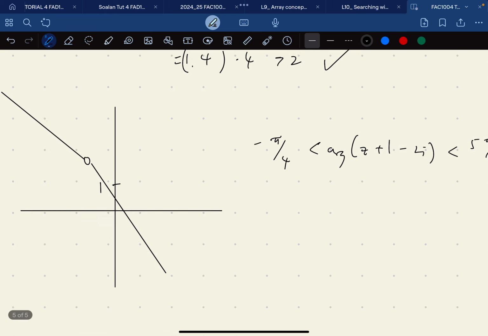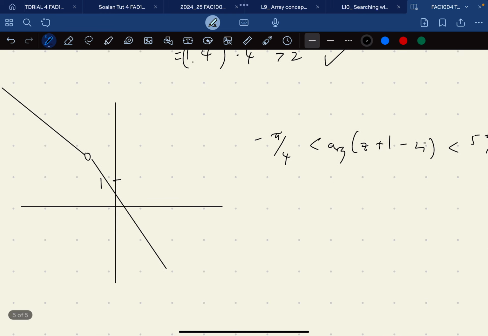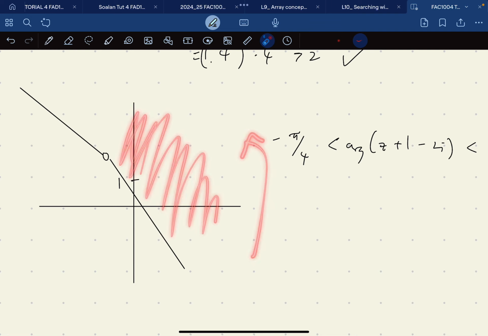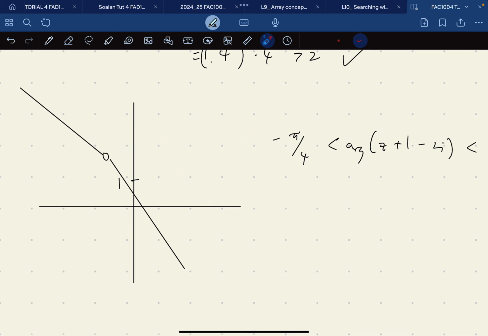So we know that it must be more than negative pi over 4. So negative pi over 4 is here, so it has to be more than it. So anything more, like in this direction, more than it.